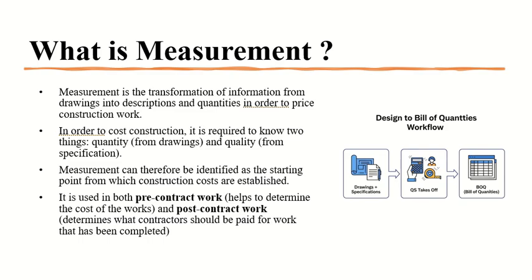You told him to cast a beam which is 0.5 meter deep and 200 millimeters wide, and he makes it 400 millimeters deep. So he is not doing it according to your plan. So post-contract quantities help you do cost control as well as quality control.